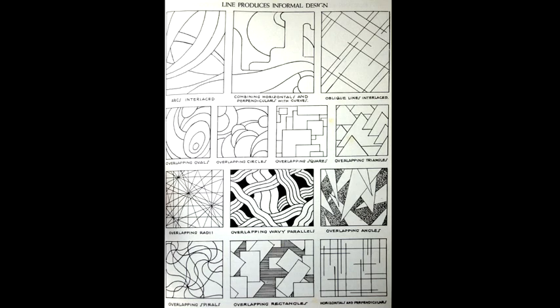This is just another example of some different quick sketch ideas that were developed to show you how horizontal and vertical lines can be used. And then also in the third row and the bottom row, you can see some use of negative space. Negative space is really important in composition because it allows some shapes to stand out and other space to push back.